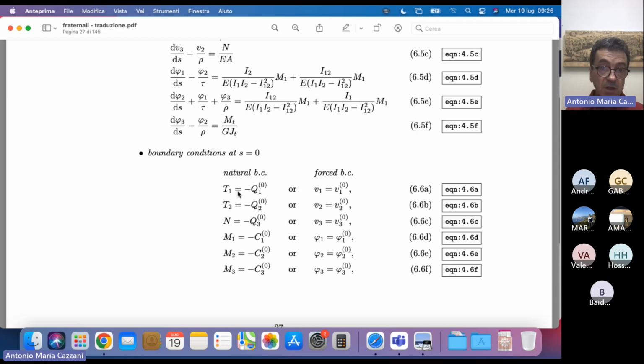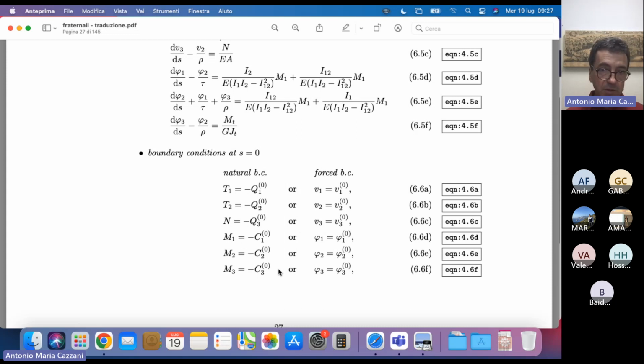So here, for instance, at the left end, where S equals 0, we either prescribe the shear force, or we have to prescribe the displacement in the direction of the shear force. For the one direction, for the two direction, for the axial direction, we have the axial force, which must balance a prescribed force in the exact direction, or we do not know the value of the axial force there, but then we have to prescribe the value of the corresponding displacement.